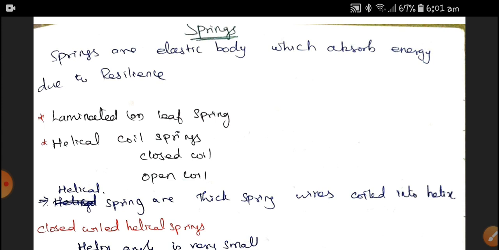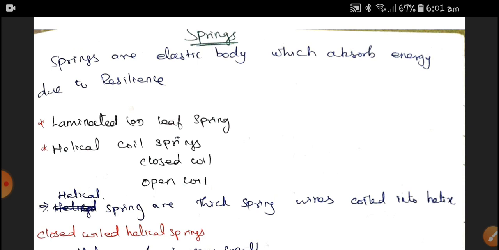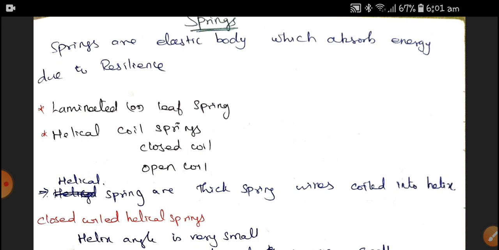With this definition, the springs will be working up to the elastic limit, because resilience means the strain energy absorbed by a body up to the proportional limit or elastic limit. Therefore, springs are said to be elastic bodies. They can absorb strain energy as much as they are capable of.